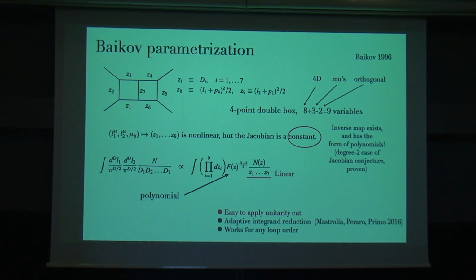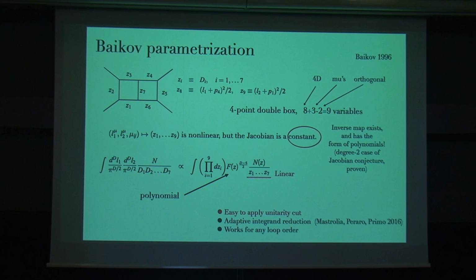So immediately, the advantage is you can do quite simple, so-called adaptive integrand reduction by Ossola and his collaborators. And also the advantage is it's very easy to apply any kind of unitarity cut, maximum cut, non-maximum cut, any kind of cut.